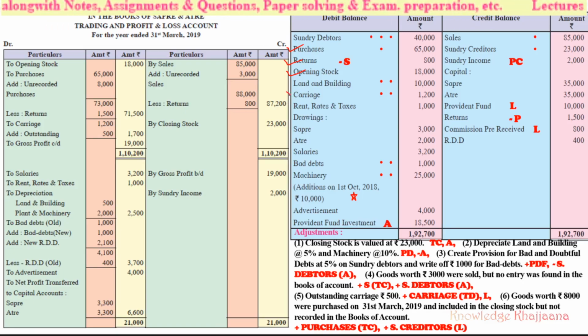Rent, rates and taxes, profit and loss account debit side rupees 1,000. We have done that. Drawings will go to the balance sheet. Salaries rupees 3,200. Bad debts, old bad debts rupees 1,000.